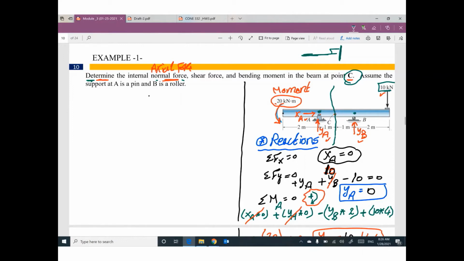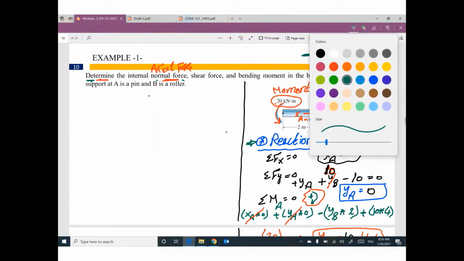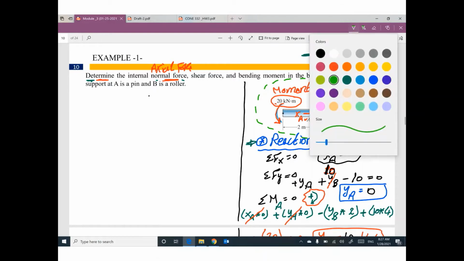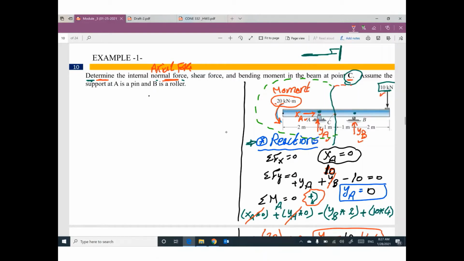So the second step after reaction, you need to cut the beam at the given point. After you did this cut, we have two options. The first option is to work with the left part of the beam, or the option to work with the right part.